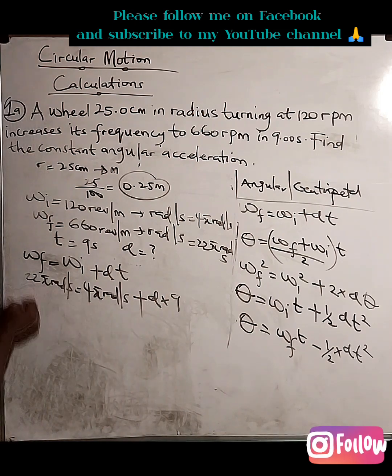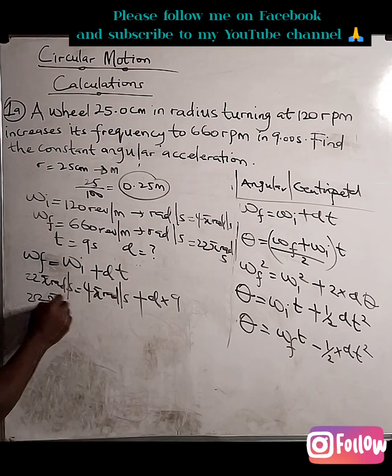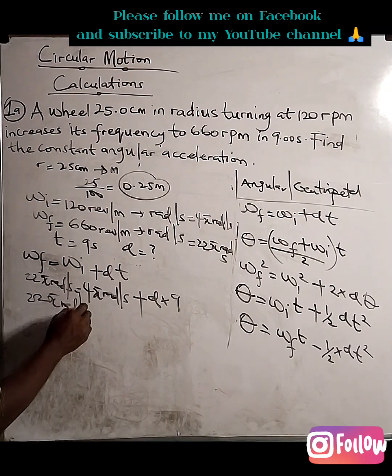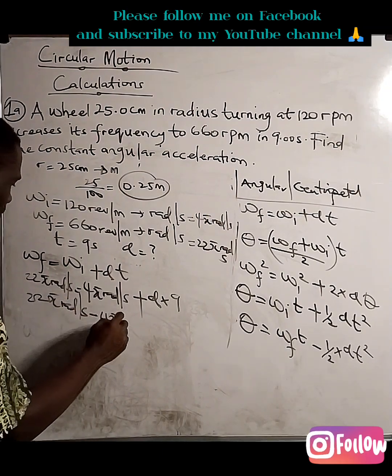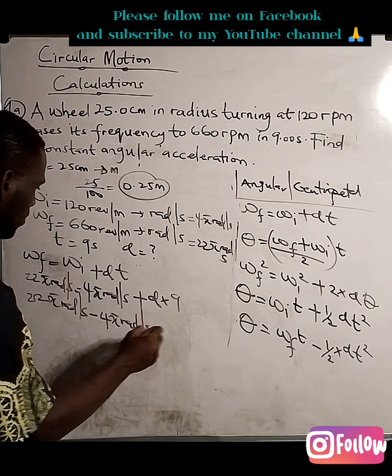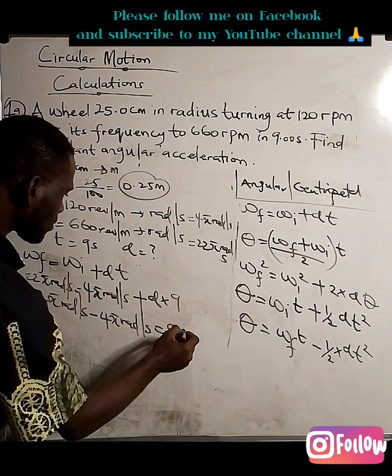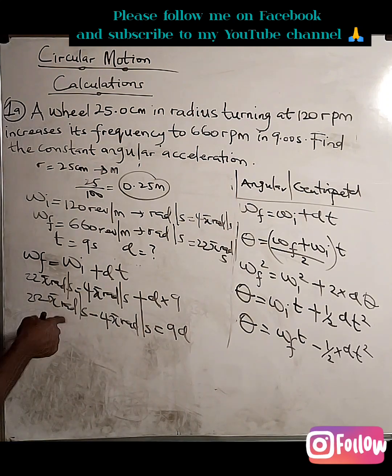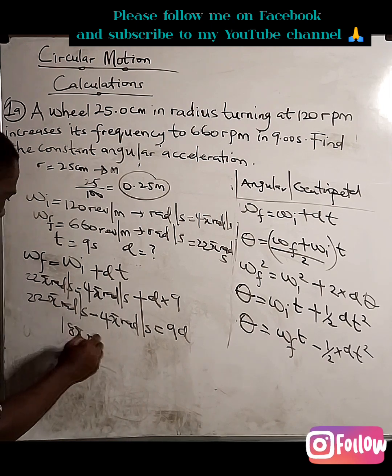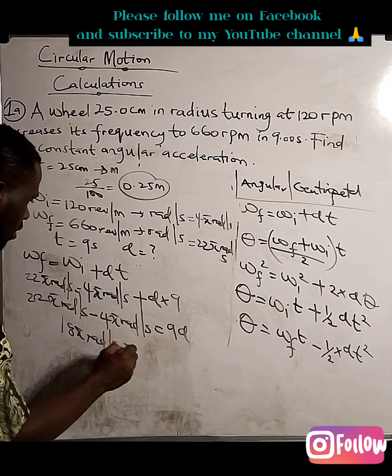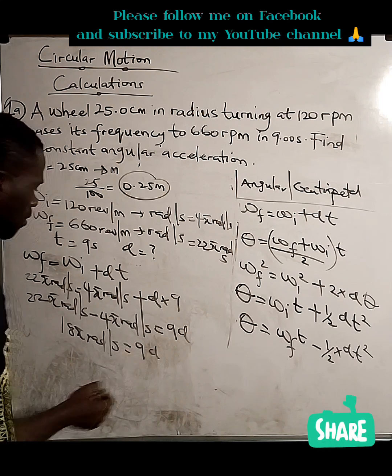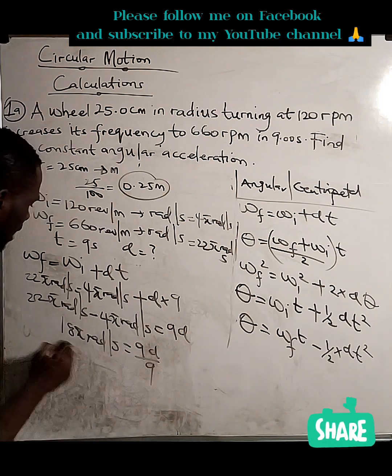So we collect like terms: 22 pi rad per second minus 4 pi rad per second equals 9 alpha. That is 18 pi rad per second equals 9 times angular acceleration. Divide both sides by 9.